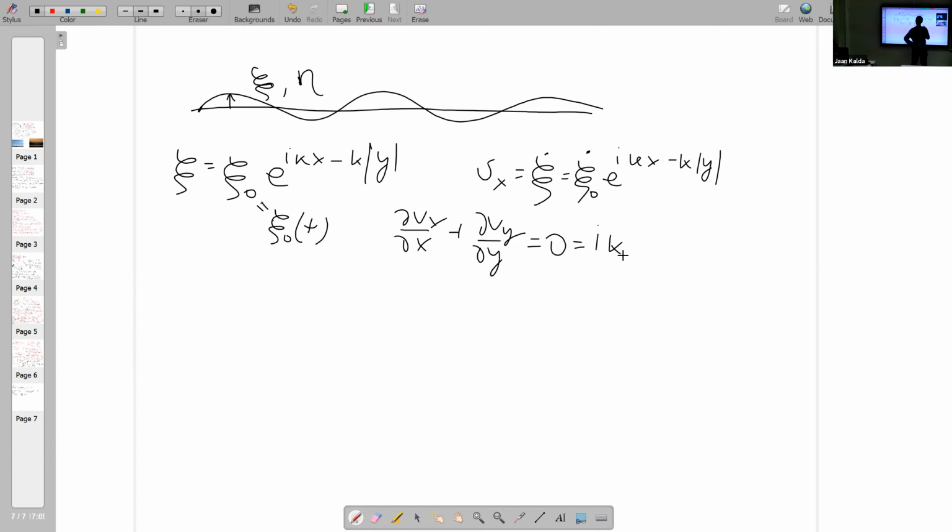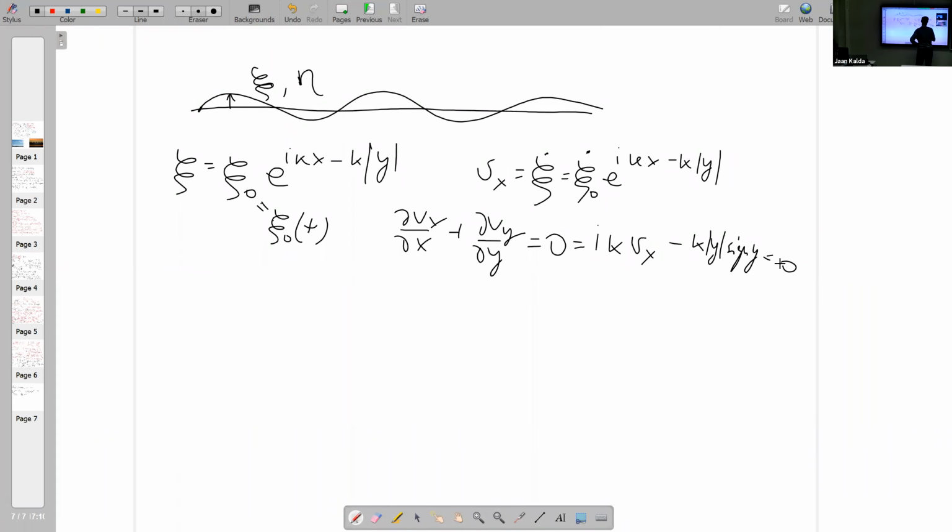So this is ik vx, and then we have the derivative over y, but we have an exponential there, so taking the derivative over y is the same as multiplying by minus k and signum y.